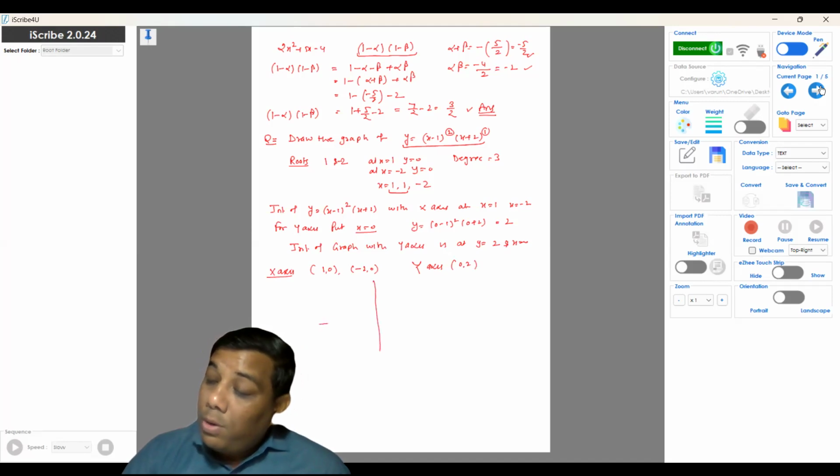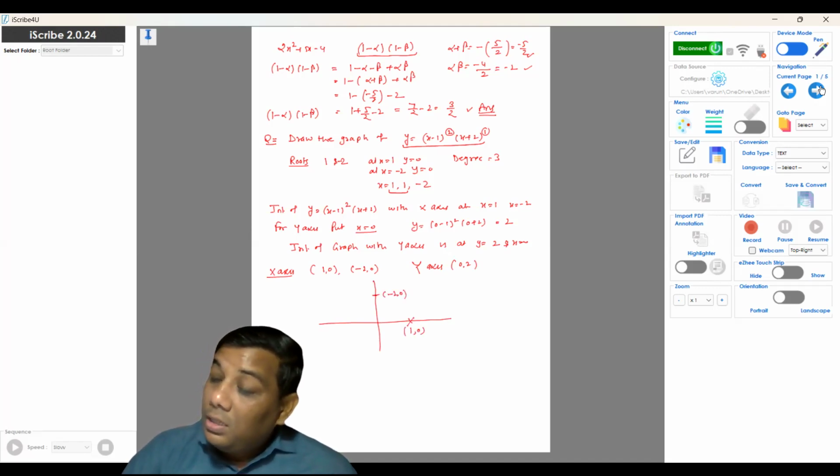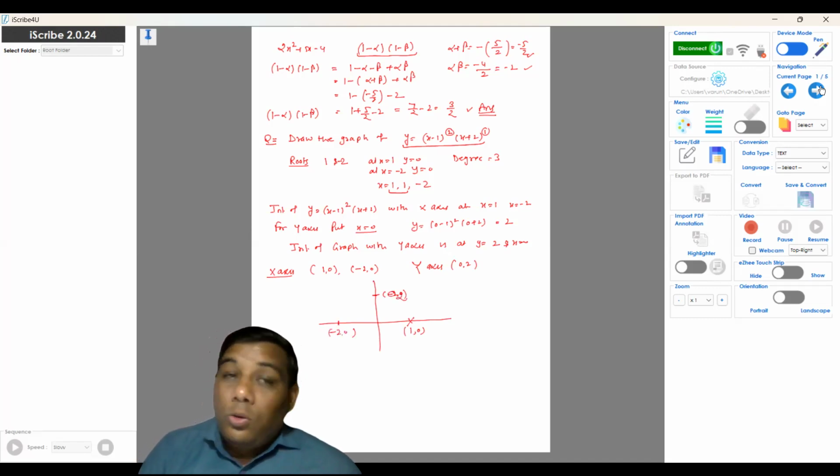Now from this point, this is 1,0, this is -2,0, and this is 0,2. So from these points we have to draw the graph.